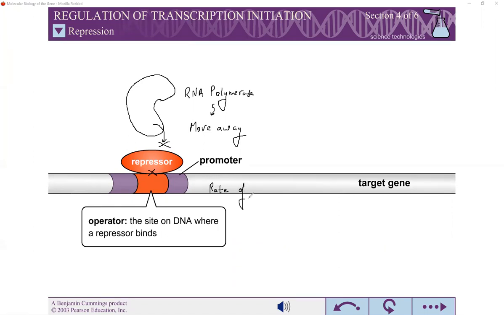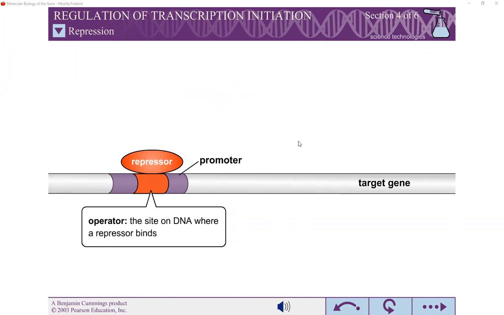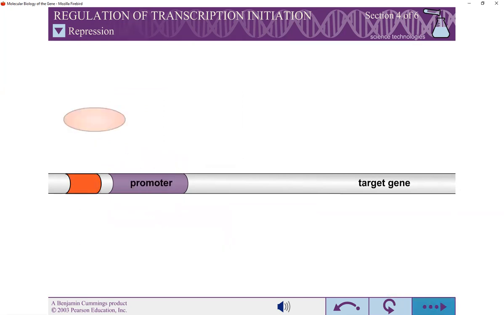The rate of transcription is drastically decreased. This is referred to as repressor molecules. Look here: when a repressor is bound, the RNA polymerase is unable to bind, thus decreasing or eliminating RNA expression. So RNA expression has been eliminated.